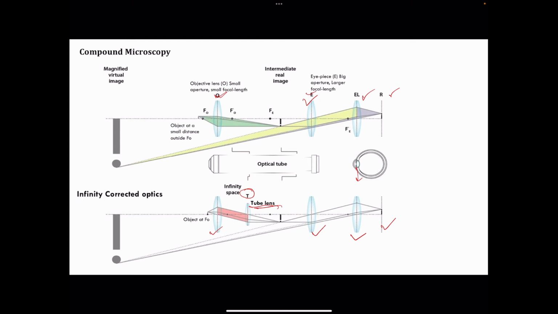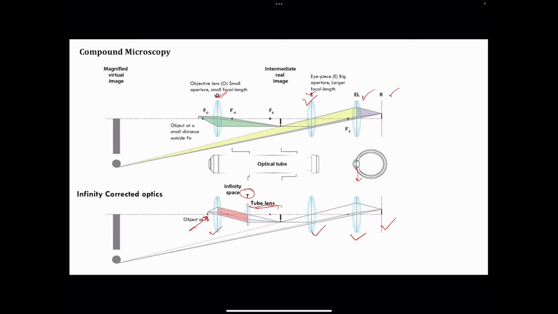Now the question arises as to why it is kept like this, right? In this illustration, if you also noticed one thing, the object that you are keeping is exactly at the focal plane, the back focal plane of your objective, which was not the case in your upper illustration where you are actually seeing the compound microscope image formation.